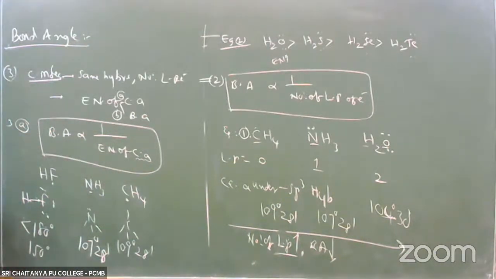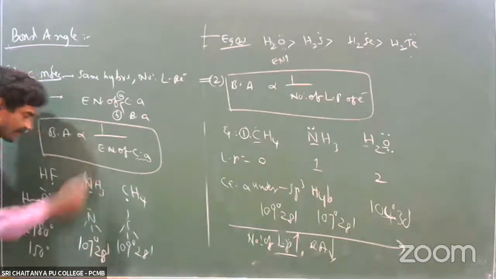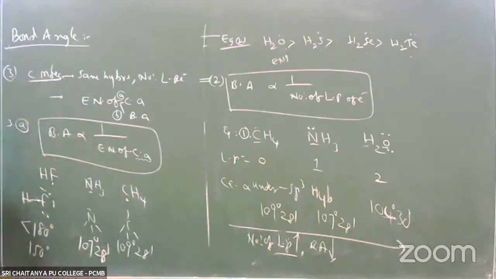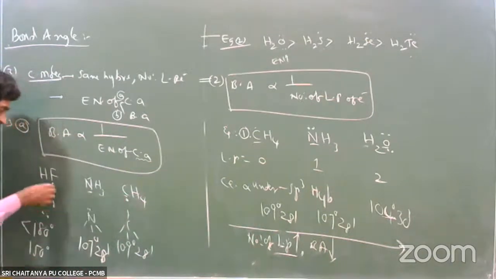Why? Because of the electronegativity of the central atom. Here the central atom is fluorine, 150. Here the central atom is nitrogen, 107. Here the central atom is carbon, 109. So it depends on electronegativity.